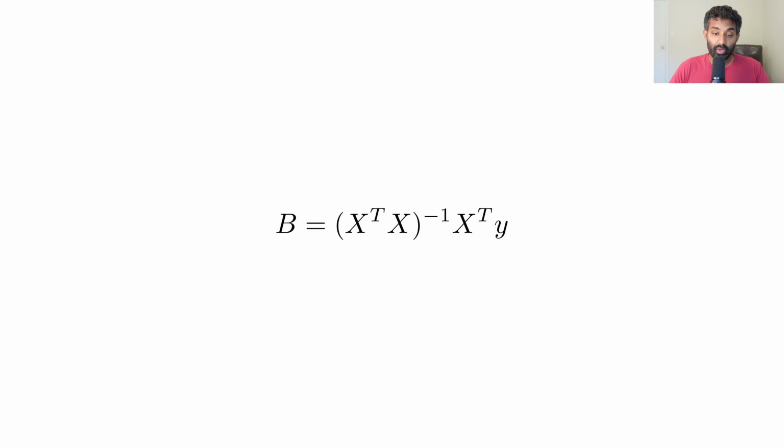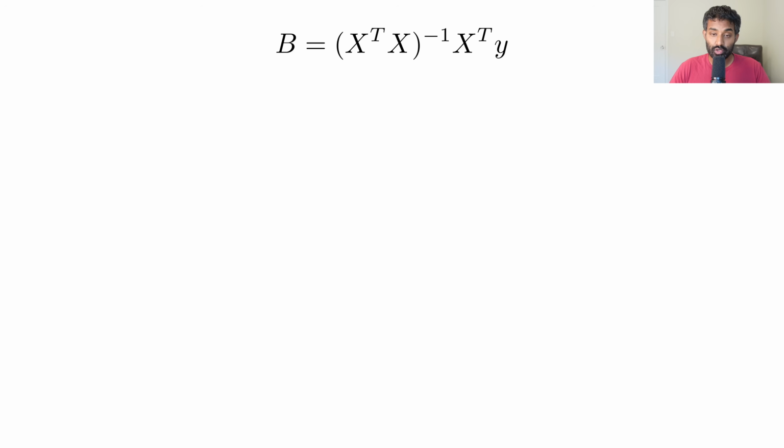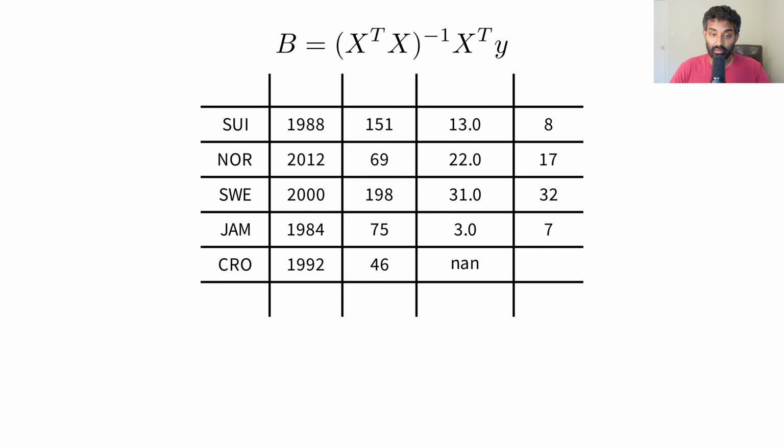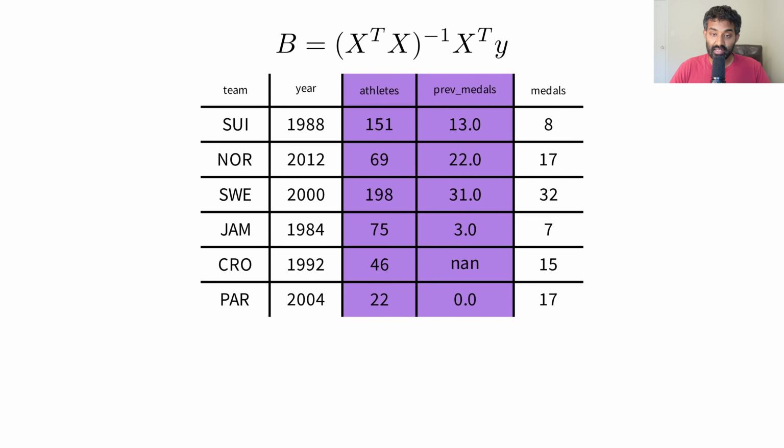And even though we only showed the example in this short animation of using one variable as a predictor in our x, we're actually going to use this same equation to predict medals given athletes and previous medals, which are 2 columns in our data.